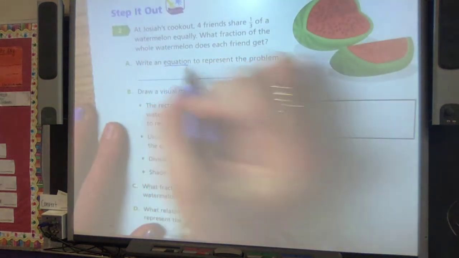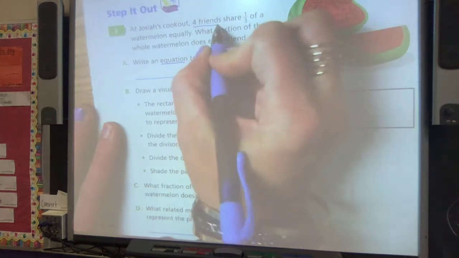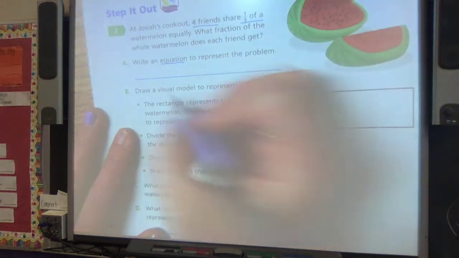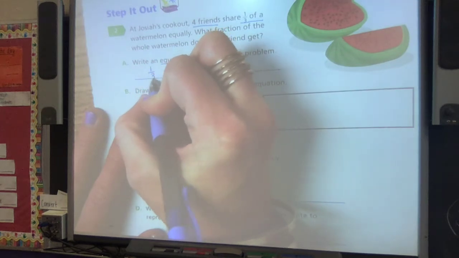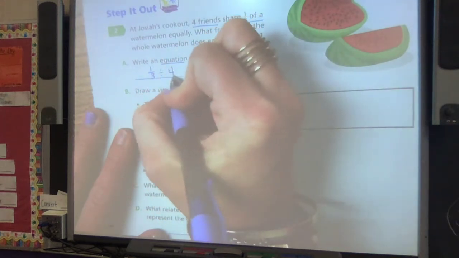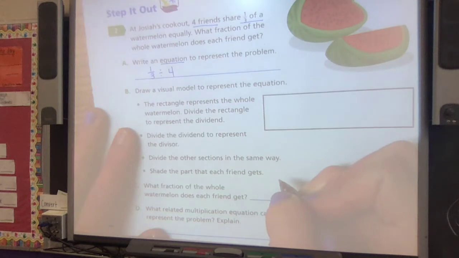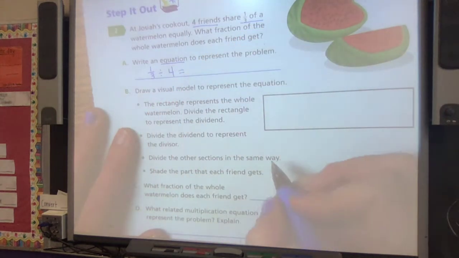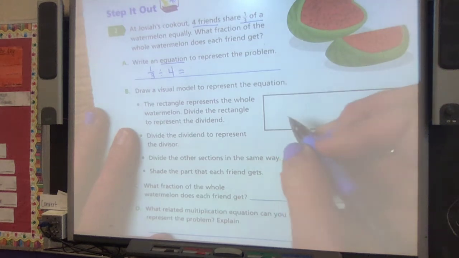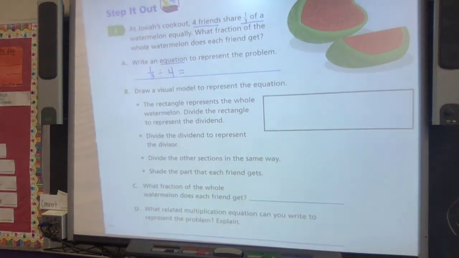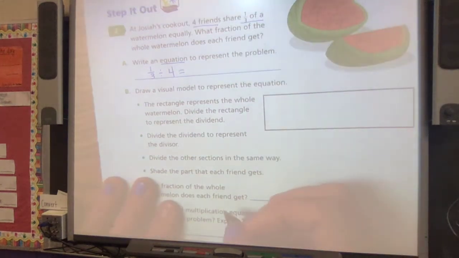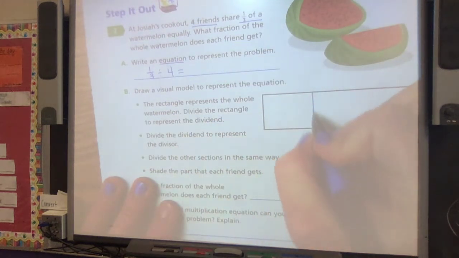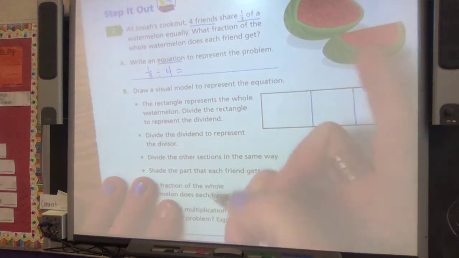What's being divided here? Are we dividing our 4 friends or the watermelon? I hope you know you're dividing the watermelon. Divided into 4 parts, not your friends. Draw a model. It says the rectangle represents the whole watermelon. So we have 1 watermelon and we put it in thirds, right? We have 1/3.